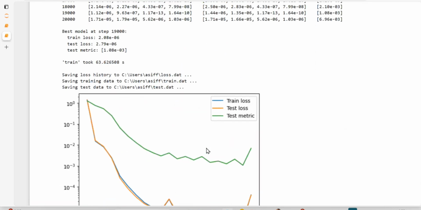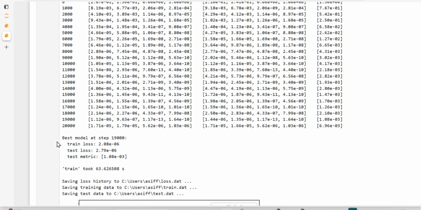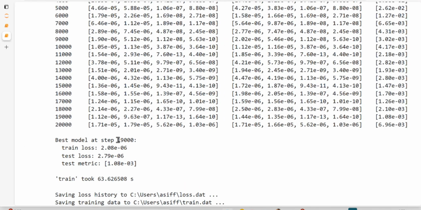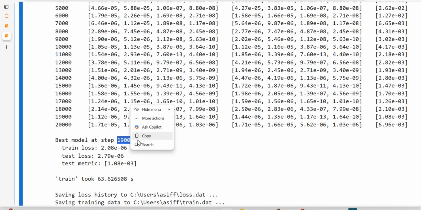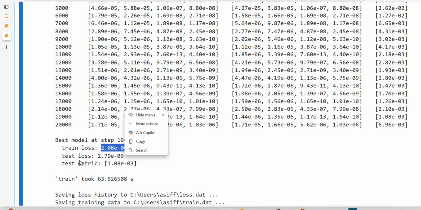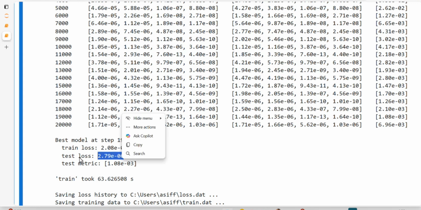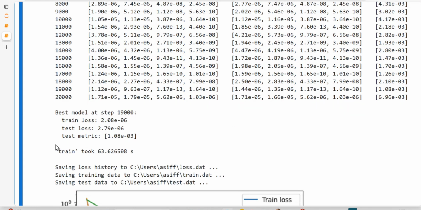So you can see that a very perfect result we obtained. The best model, it says that the best model we have at 19,000 iteration, and the training loss at that 19,000 iteration is 10 raised to power minus 6, and the test loss is 10 raised to power minus 6, which is not as big, so on.